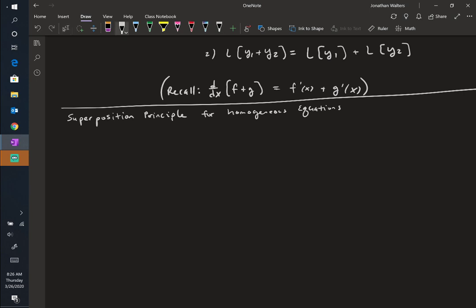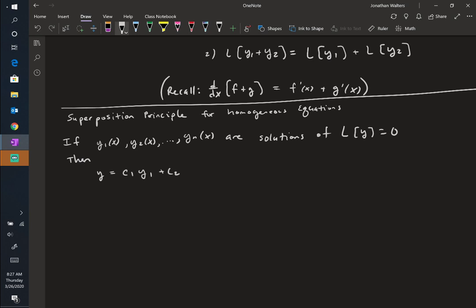This says if y1 of x, y2 of x, all the way out to yn of x are solutions of L of y equals 0, then y equal to c1 y1 plus c2 y2 plus dot dot dot cn yn is also a solution to the differential equation.